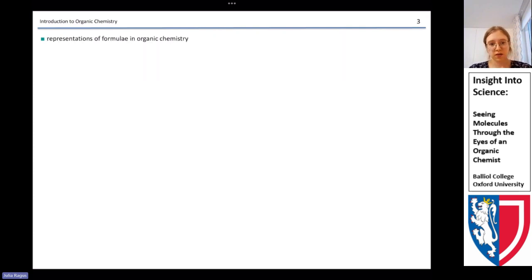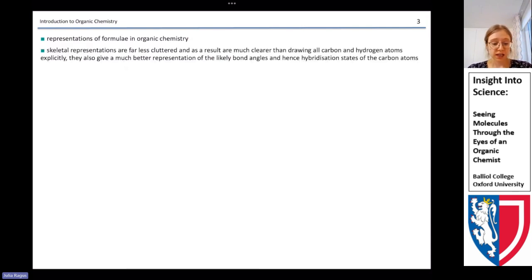You could see that drawing methane took quite a while. Drawing ethane was just a lot of labor, and I can't imagine representing all my molecules in organic chemistry this way. So what organic chemists do is they draw skeletons of their molecules. What are skeletal representations?